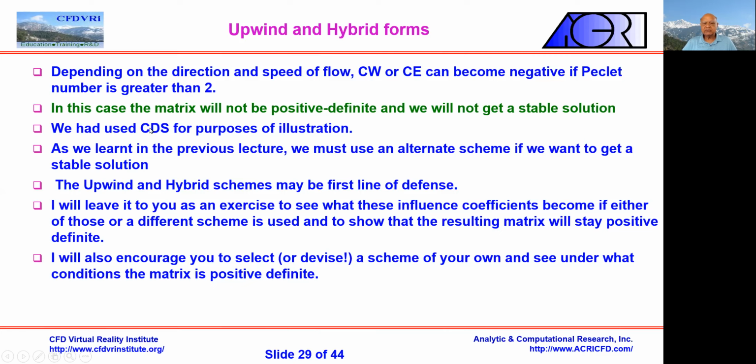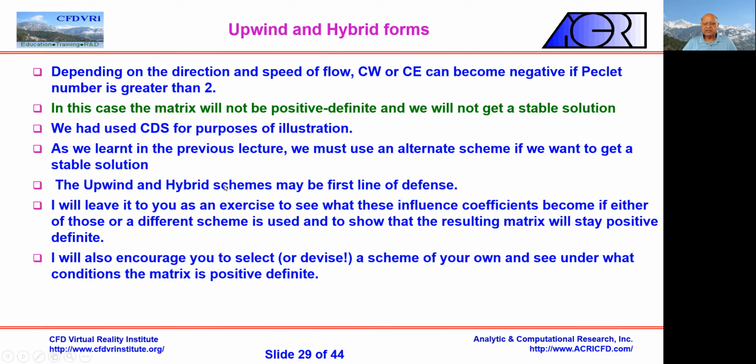That's because we had used central difference scheme for purposes of illustration. As we learned in the previous lecture, we must use an alternate scheme if Peclet number is greater than 2 to get a stable solution, because a non-positive definite matrix does not converge well.